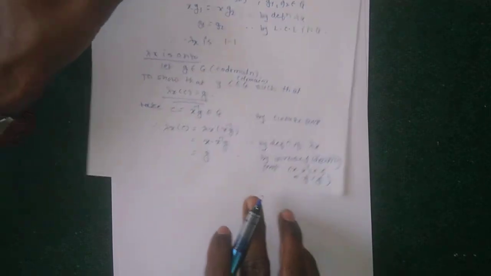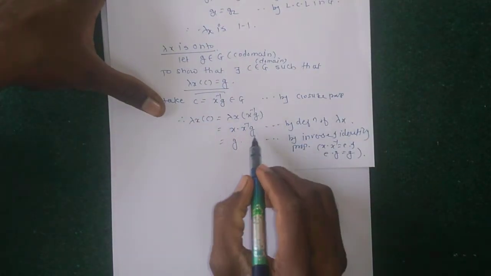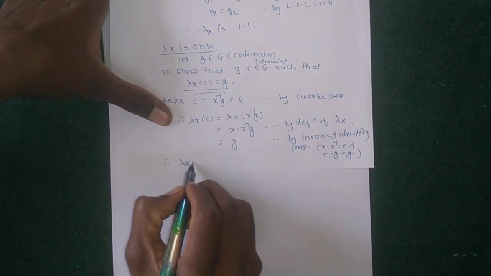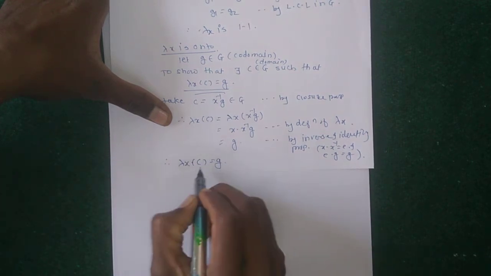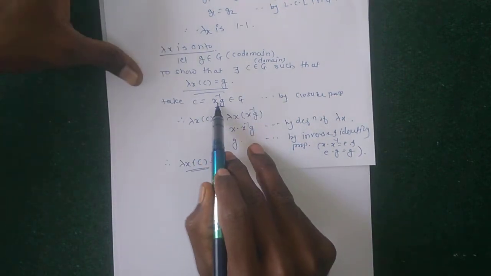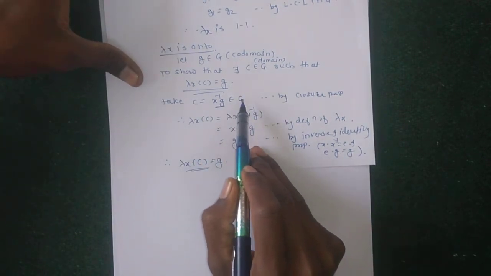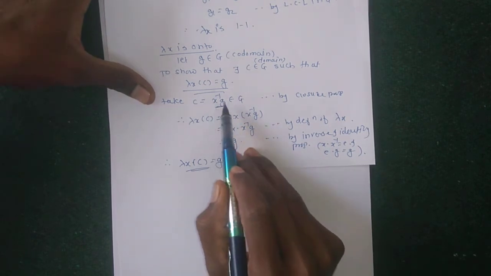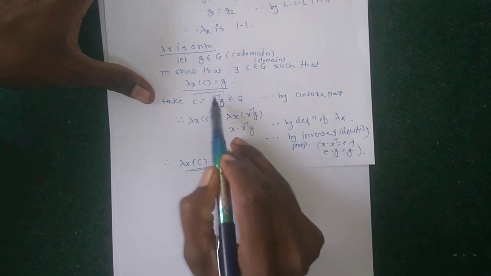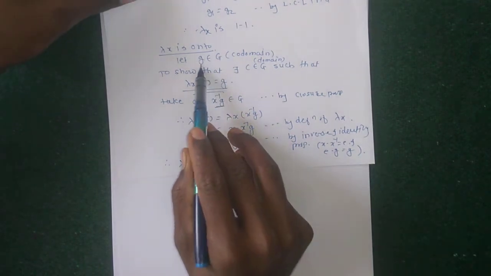So by using these two properties, x into x inverse into g equals g. Therefore lambda x of x inverse g equals g. This element x inverse g exists in the domain, such that when the function lambda x is applied on that element, we get the value g itself.